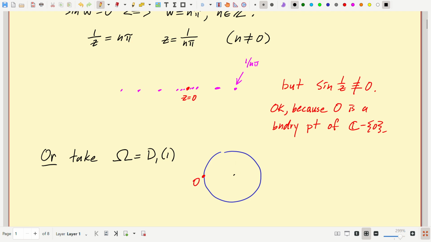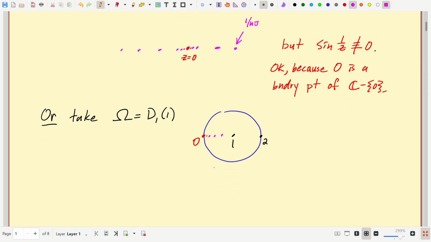And so here's 1 and 2. And then those zeros would pile up at the boundary point there. Questions about that example?